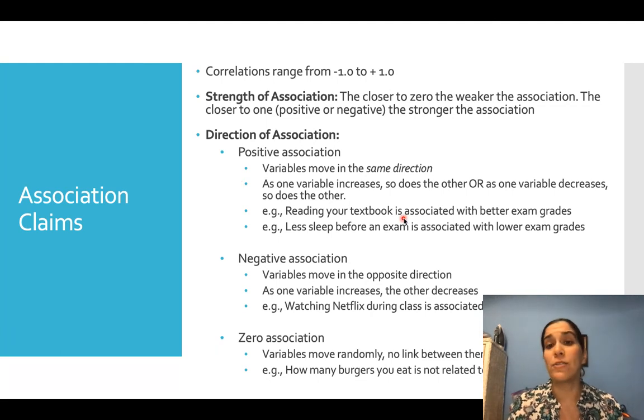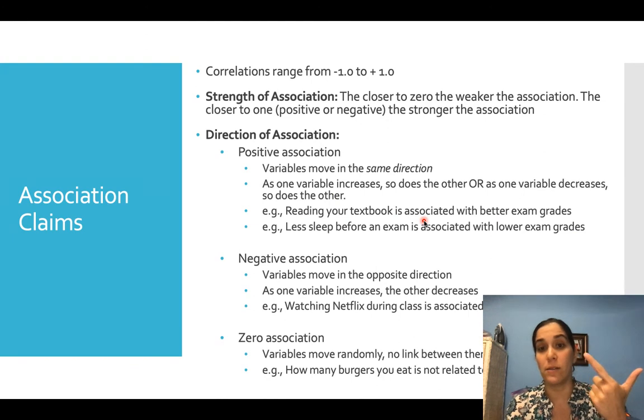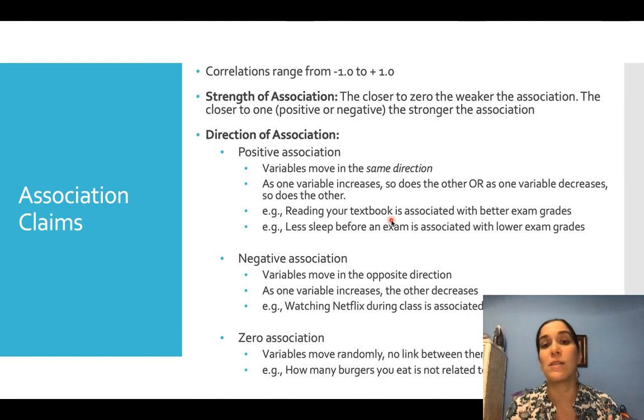Maybe reading your textbook is associated with better exam grades. The two variables are reading your textbook and exam grades, and this is a positive relationship: the more you read your textbook, the better your grades are. The grades increase as well.